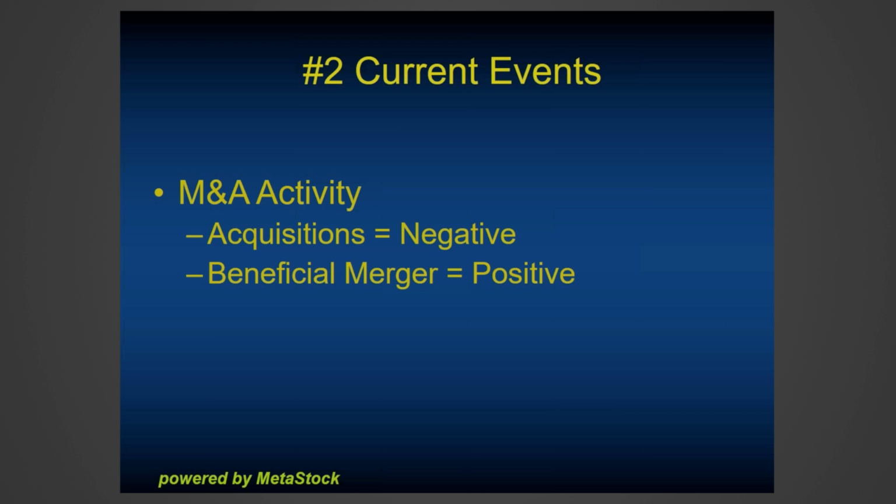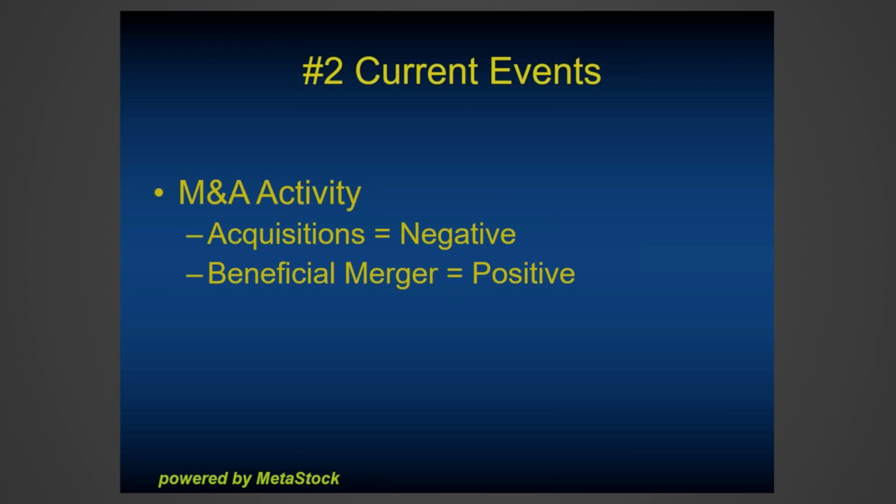Now, M&A activity is generally a good indicator, and it's the usual thing. Acquisitions are generally seen as a negative. No matter how promising they are, the market almost always thinks that that's a negative because it's a risk. If one company is acquiring another, it may sound like the greatest merger since the history of commerce, but the fact is that 9 times out of 10 that'll be seen as a negative.